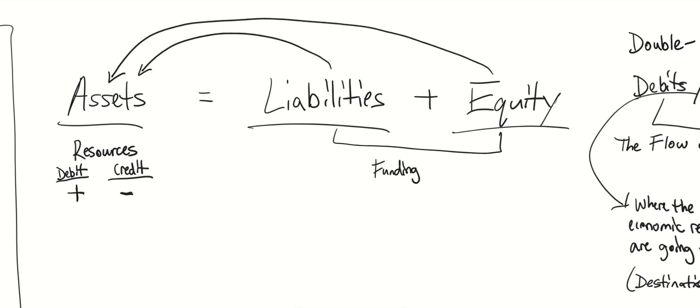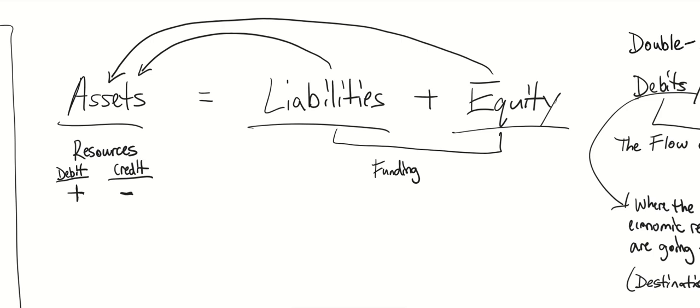So a normal balance that should be shown in an asset account should be a debit balance. The reason why is because when you increase a balance in an asset account, you are debiting it. So normally you should see a positive amount or a debit amount in an asset account. Now we move over to the liabilities plus equity side.